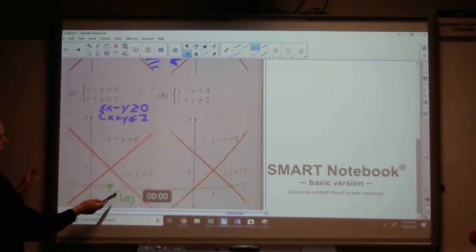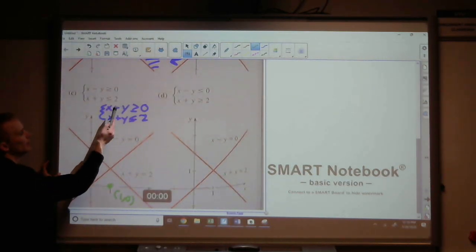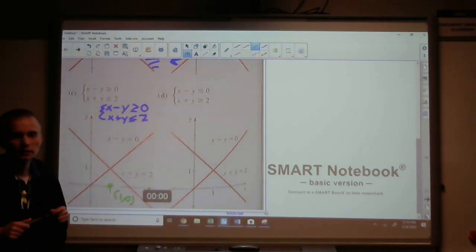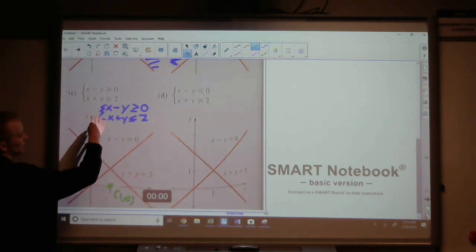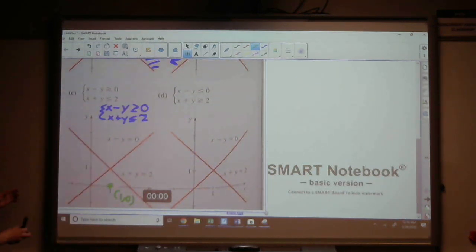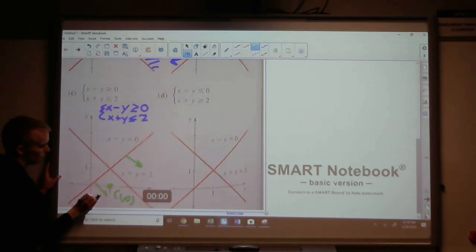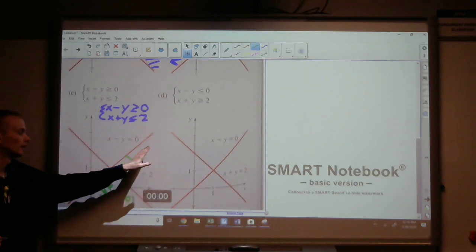When I plug in x equals 1, y equals 0, does this work? Well, 1 minus 0 is 1. Is that greater than or equal to 0? Yes, it is. And so we know that this x minus y equals 0 is our boundary line, and this one works, so we know that we're going to be below this line. It's going to be all the stuff down here.